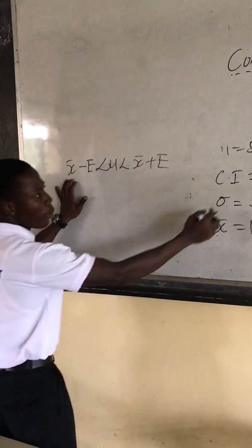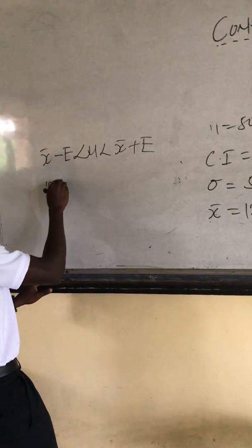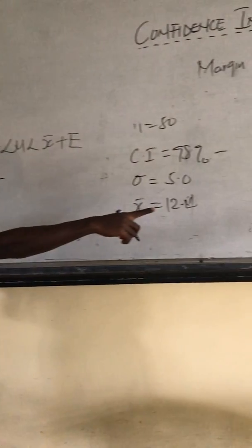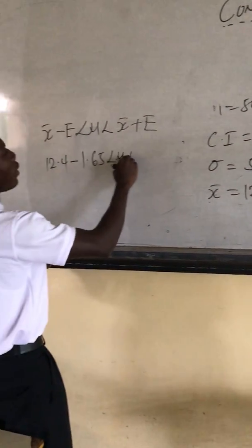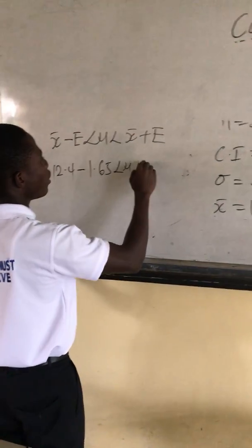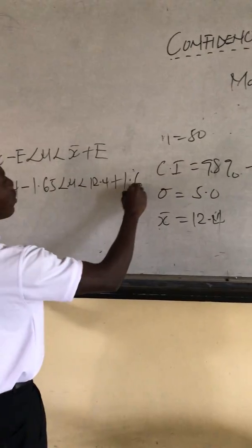So the mean in the question was 12.4. So 12.4 minus our margin of error 1.65 less than mean less than 12.4 plus the same margin of error 1.65.